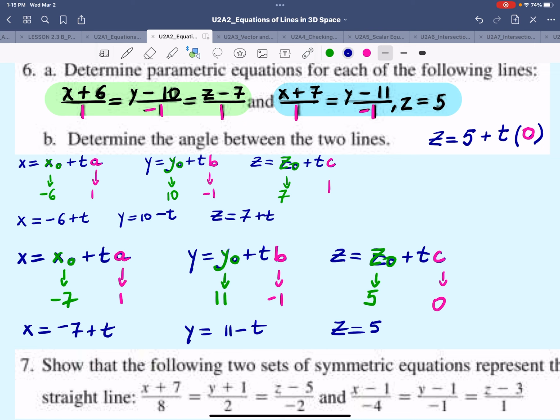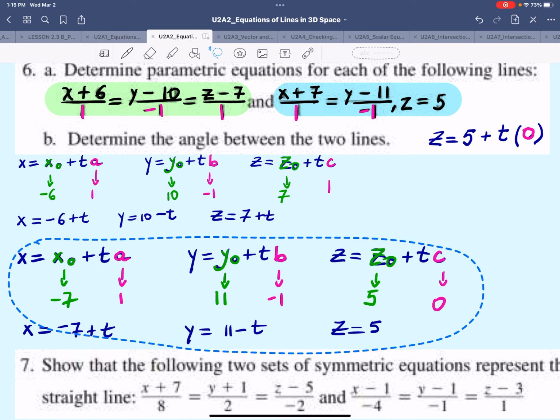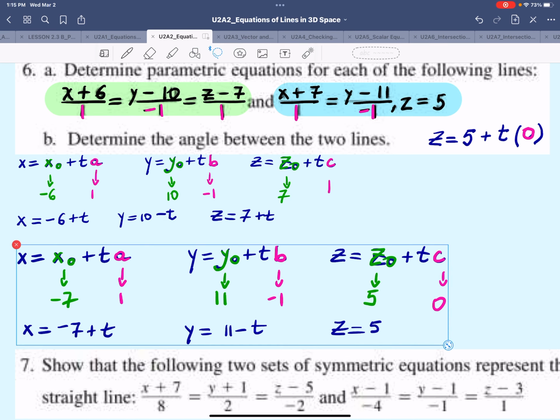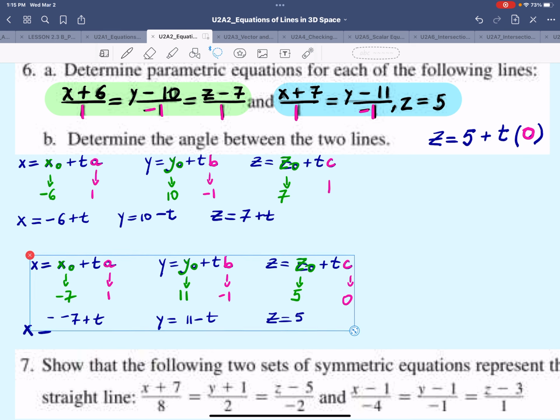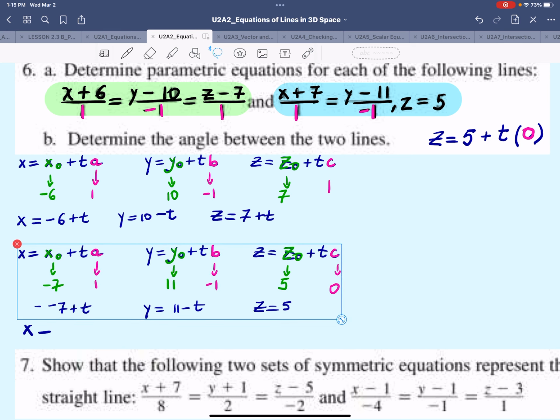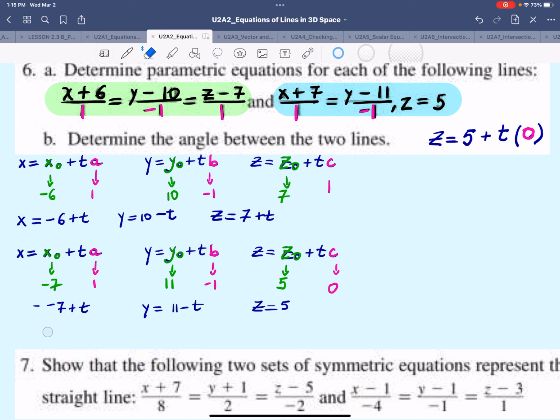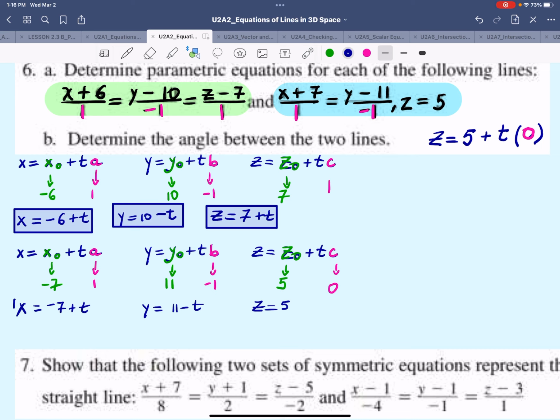So these are the parametric equations of each respective line. We're going to make the sizes similar to organize the work. And let me highlight all the findings very quickly. So first, second, and third parametric equation, and these are for the second line here.